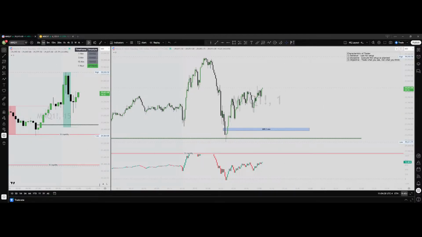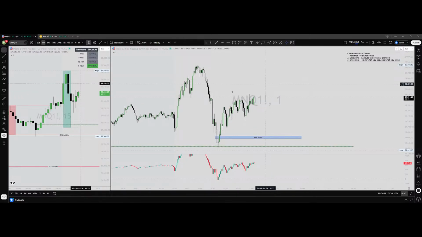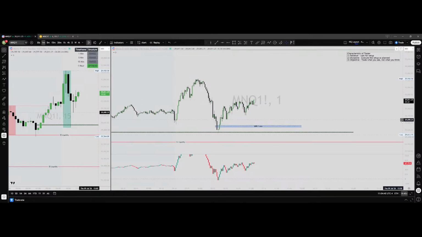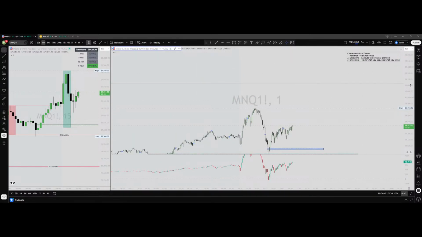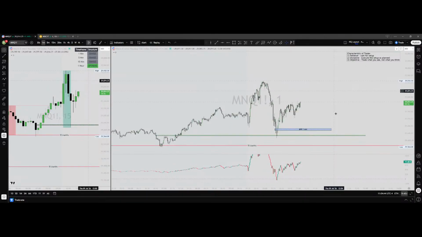So at this point, what are we waiting for? We are waiting for price to take it and come back to this BPR and probably move higher. Our draw on liquidity on a higher time frame is 30,600, so we are still looking for bulls.